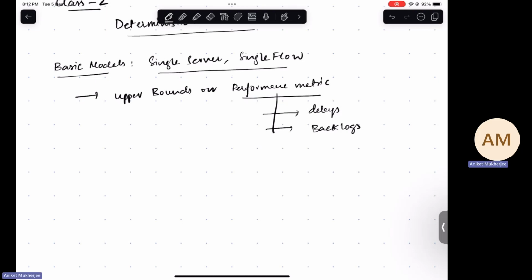Basically, before seeing how we calculate these, we'll see how we model any real system which has a network or a queuing property using network calculus. That is the modeling of the data that circulates in the network, and the modeling of the process of how the data is being processed in the servers.